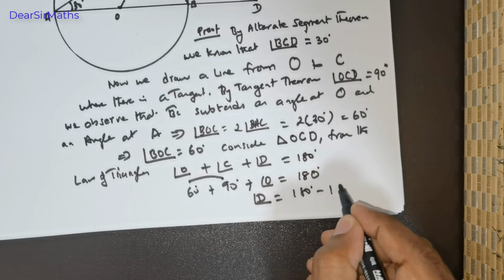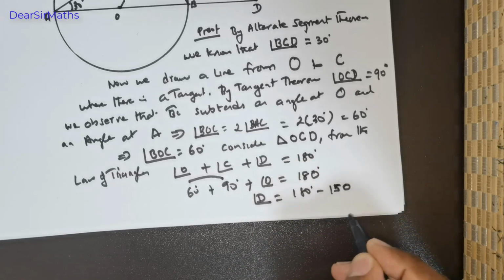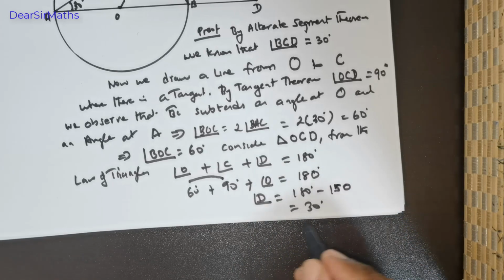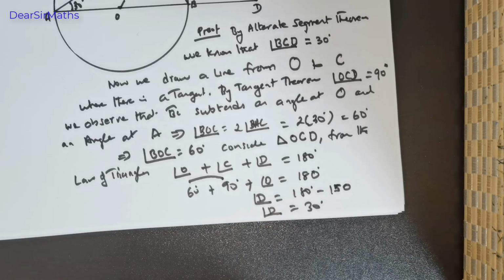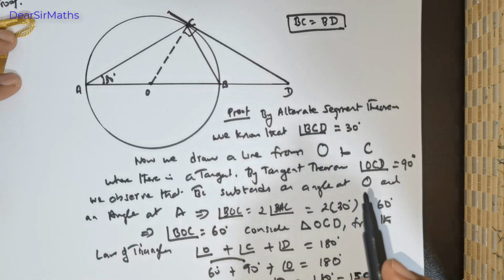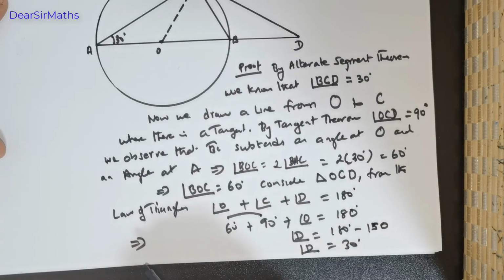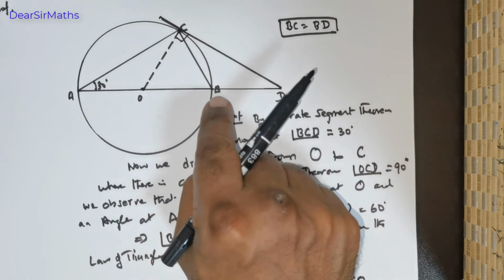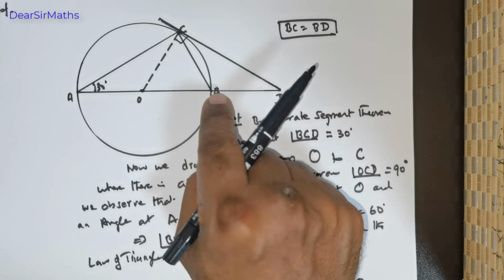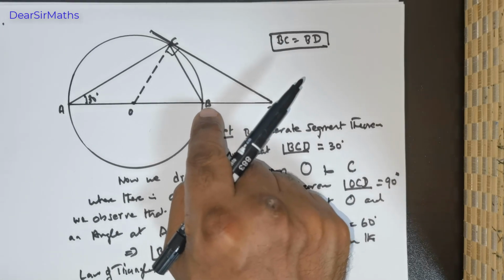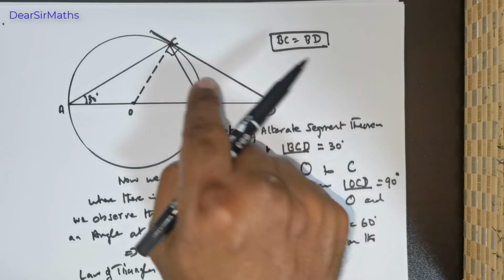So 180 minus 150 is equal to 30 degrees. So angle at D is 30, right? So I can say that BDC is 30.